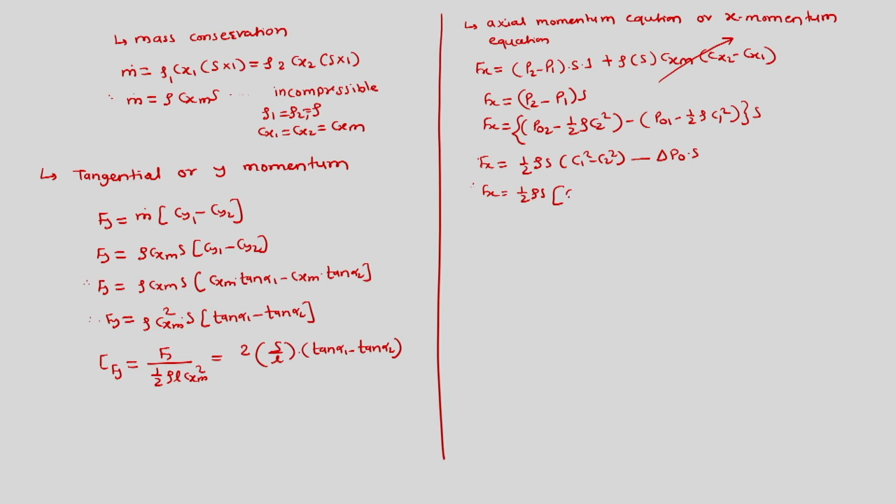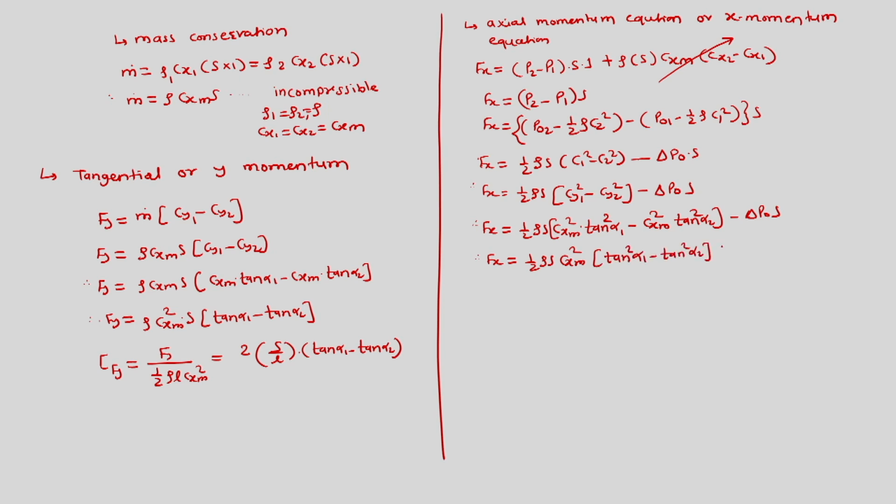So, we will have only Cy1 square minus Cy2 square minus delta P naught into S. We can put the value of Cy using the velocity triangle as Cxm square into tan square alpha 1 minus Cxm square into tan square alpha 2 minus delta P naught S. So, Fx is equal to half rho S Cxm square into tan square alpha 1 minus tan square alpha 2 minus delta P naught into S.